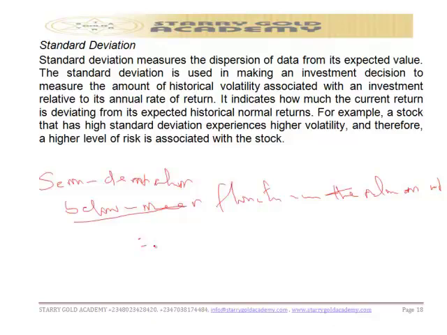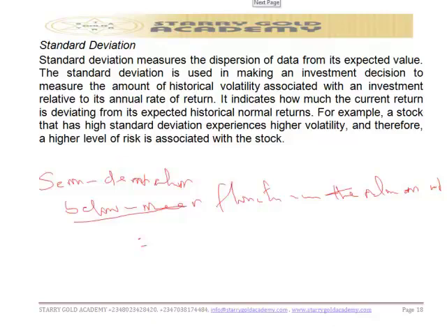So if one is interested in losses and not the gain, it is the semi-deviation that we look into, because it's the semi-deviation that tries to consider the below-mean fluctuation in the return on investment. So that's about standard deviation. What we use it for is to find the dispersion from the average or the expected value.